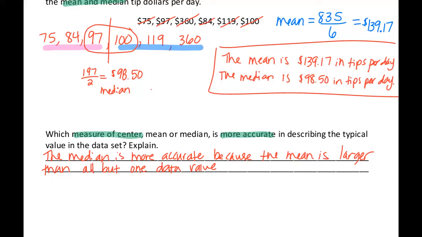So it's not very accurate because it's much larger than most of the data, okay? And then we could say the median is more in the center.